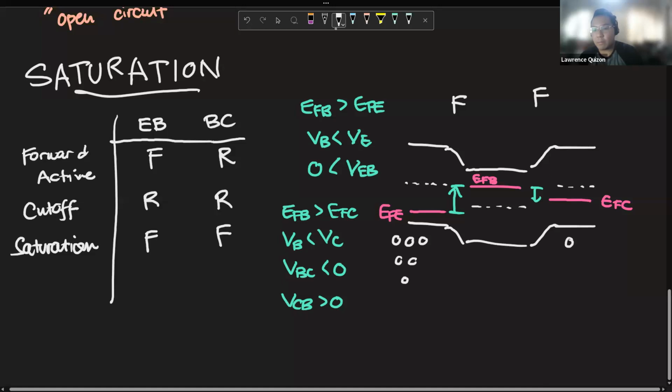So back to the carriers. What are the carriers doing here? So the carriers are free to move that way, right? From the collector as well, the carriers are also free to move that way. So which direction will they go in general?